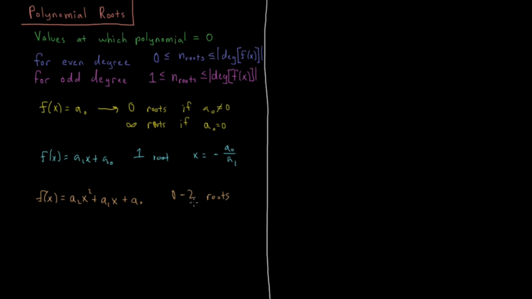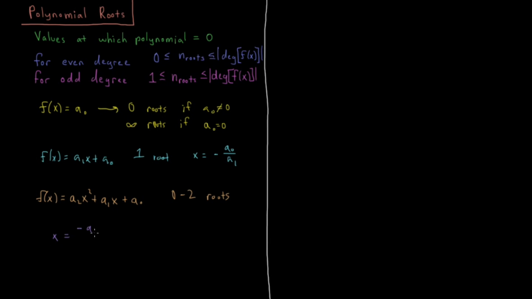So it can have all possibilities from 0 to 2. So what are those possibilities? That is determined by our old friend, the quadratic formula. Now you're probably used to seeing this in terms of ax squared plus bx plus c, but we can write it out in terms of these coefficients as well. Whichever way works best for you is what you should use.